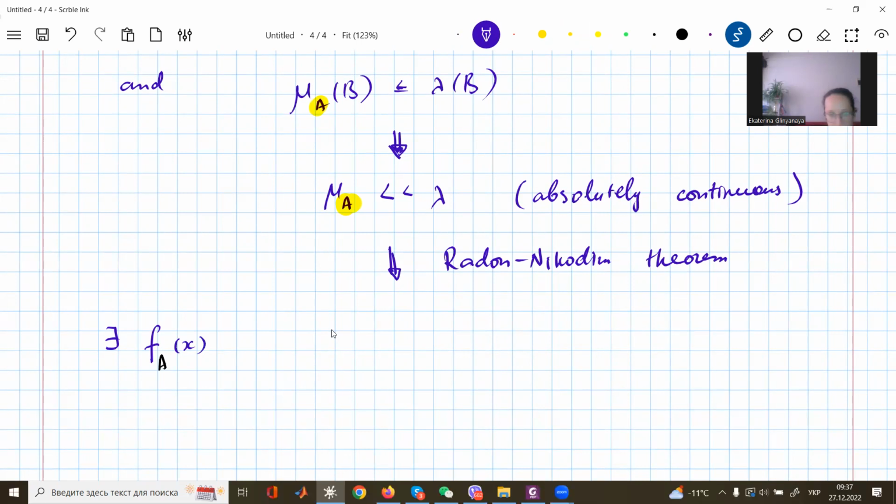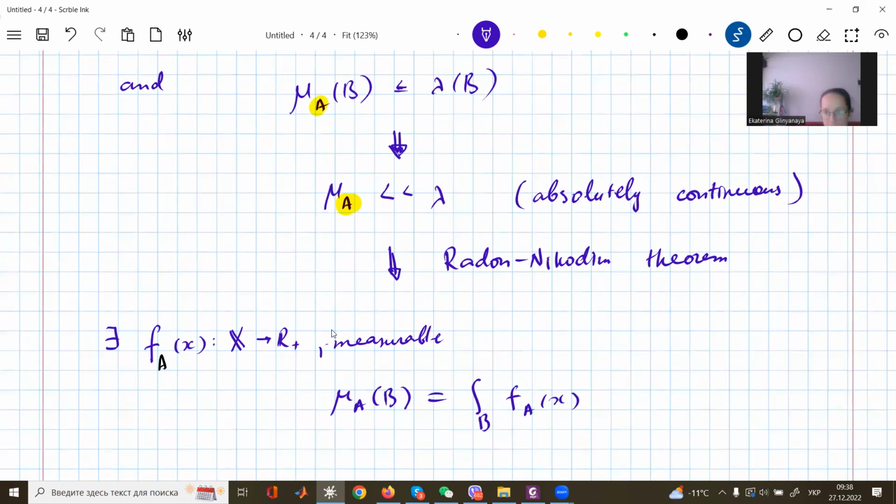A measurable non-negative function such that mu A of subset B can be written as an integral over subset B of this function, with respect to the measure lambda, dx.